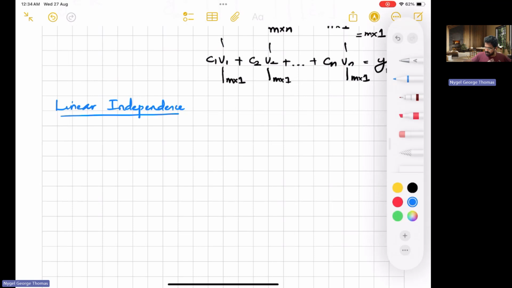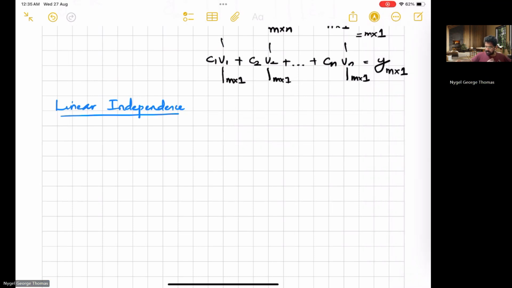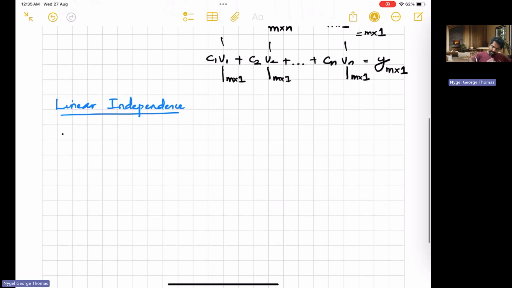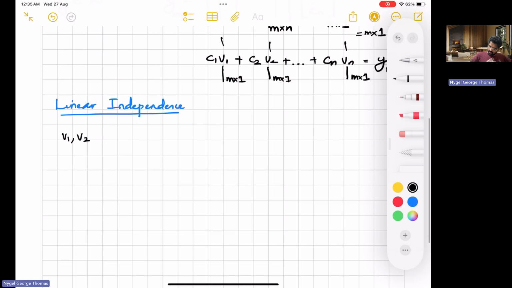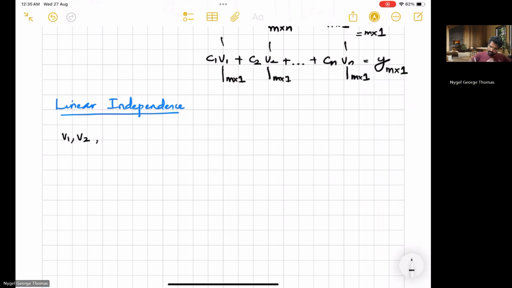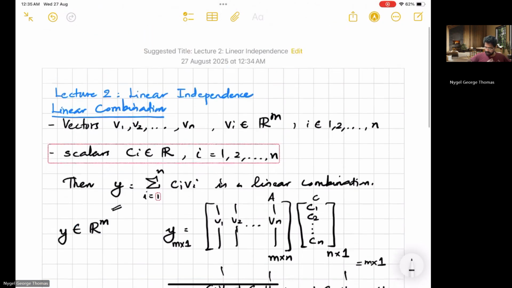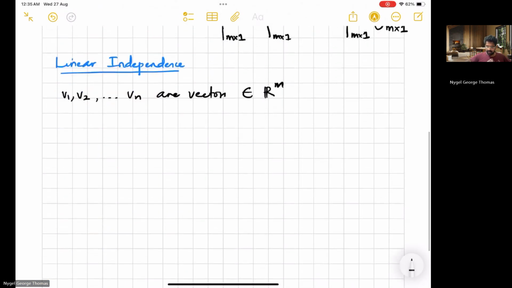Okay, let's do the linear independence of vectors. So how can we define linear independence? Let's say the n vectors which we had earlier, v1, v2, etc., vn, belong to Rm. Similar setting as earlier.